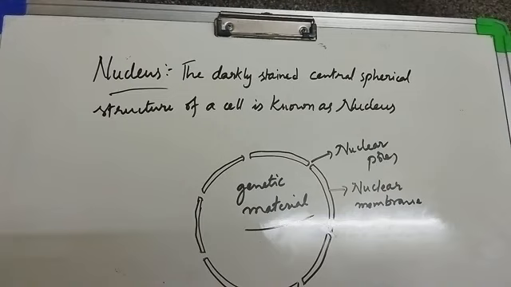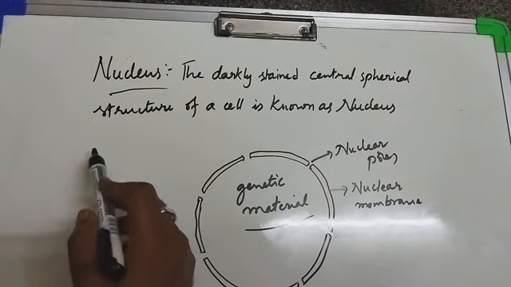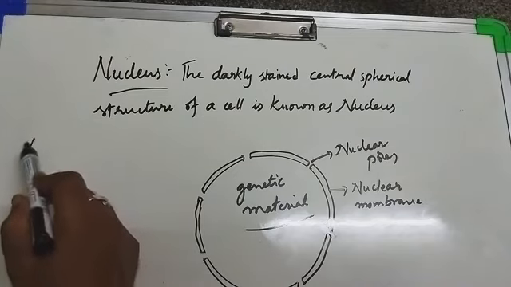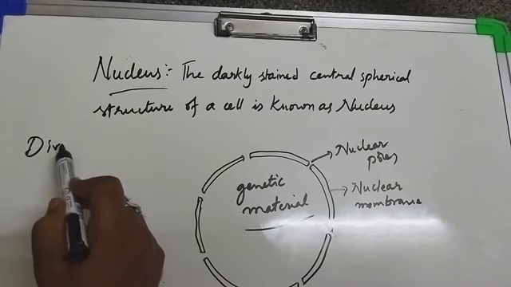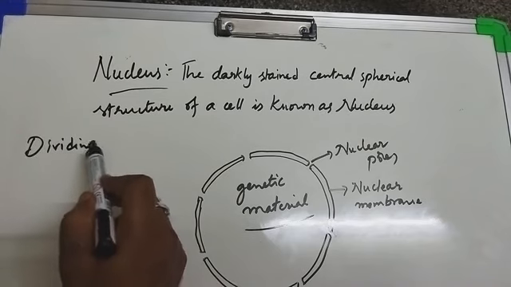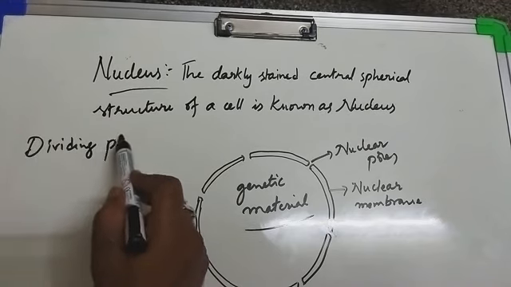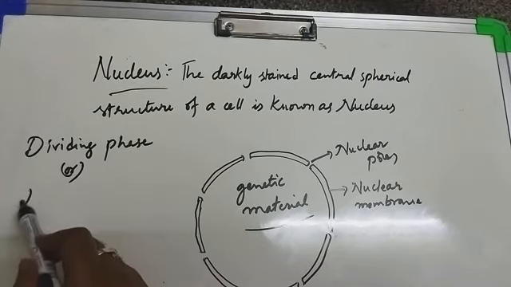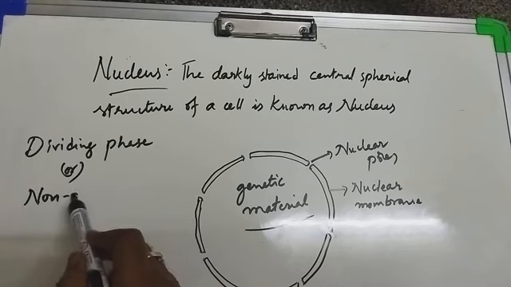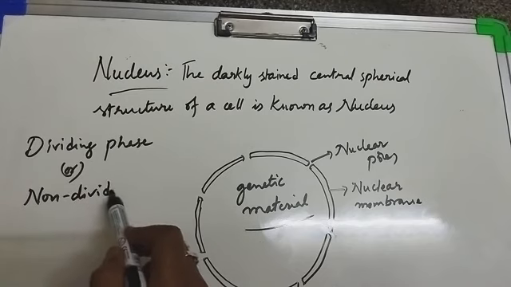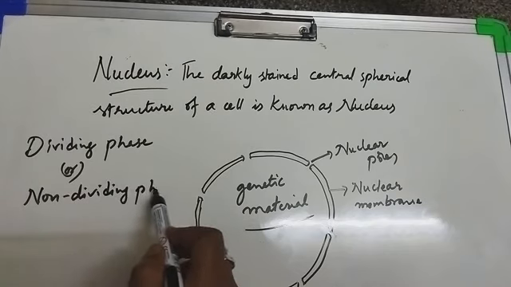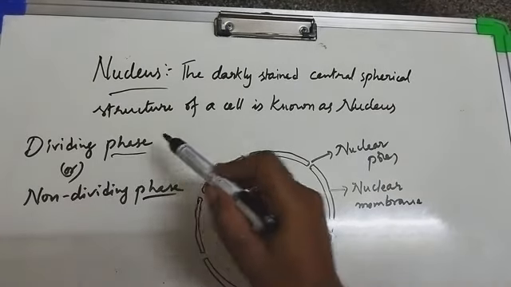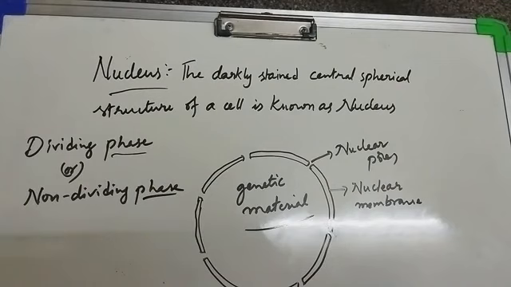A cell can be in two phases, either dividing phase or non-dividing phase or condition, anything you can write. Dividing phase and non-dividing phase.